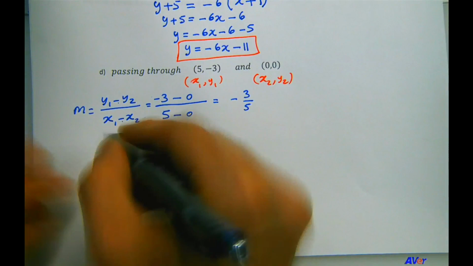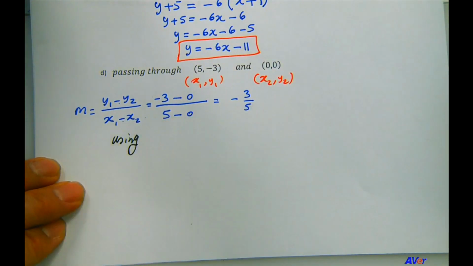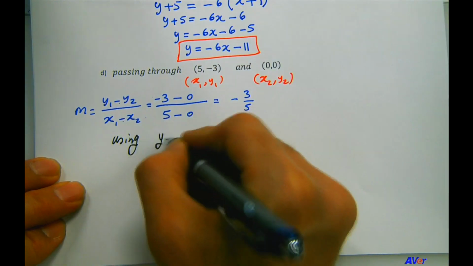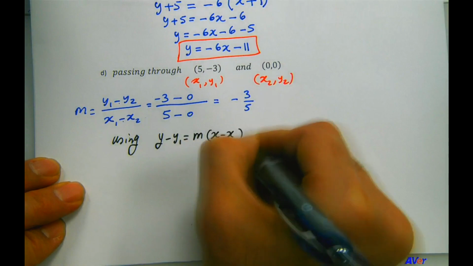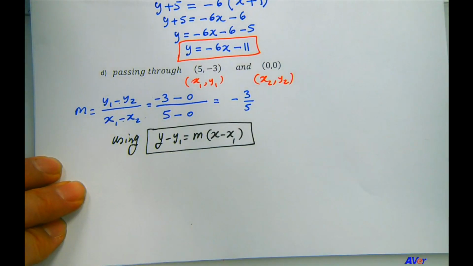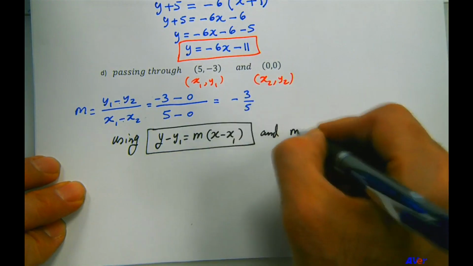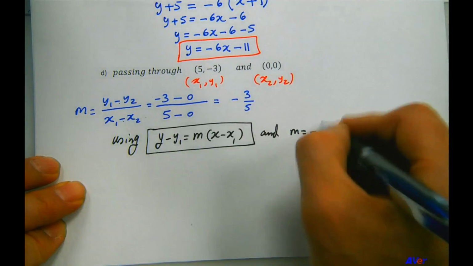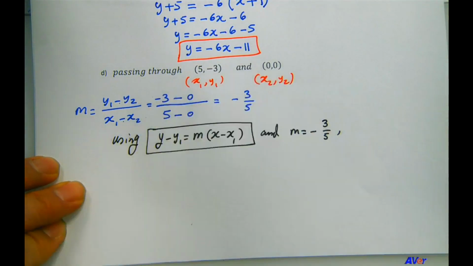So once again, using that equation, y minus y1 equals m times x minus x1, using this point slope form of a linear equation, and the fact that slope is, we just found, -3/5, and either one of those 2 points will do.